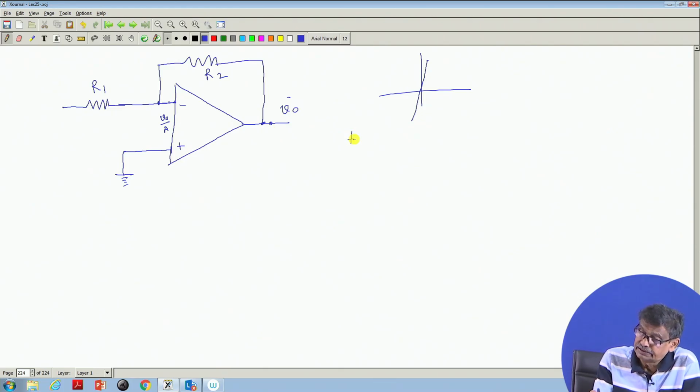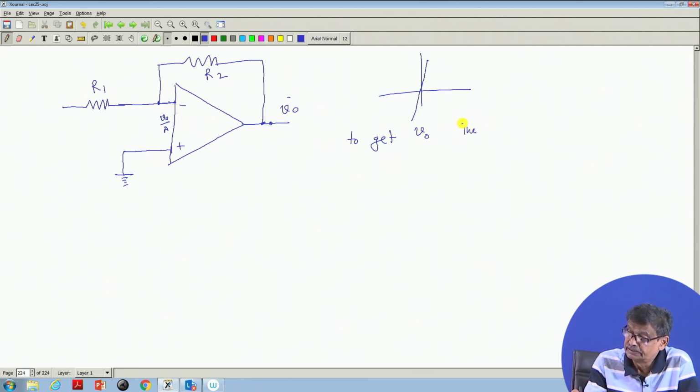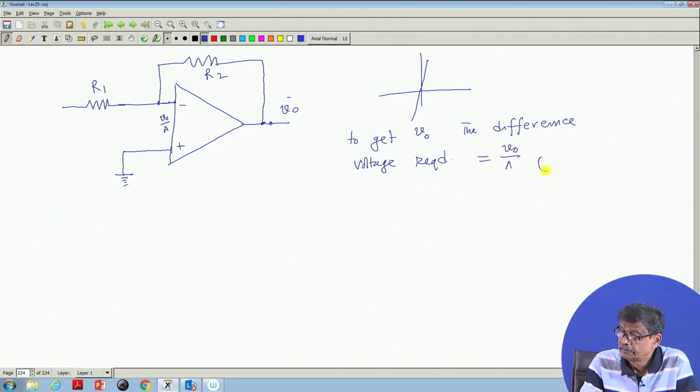So, to get V naught, the difference voltage required will be equal to V naught by A, with A tending to infinity.